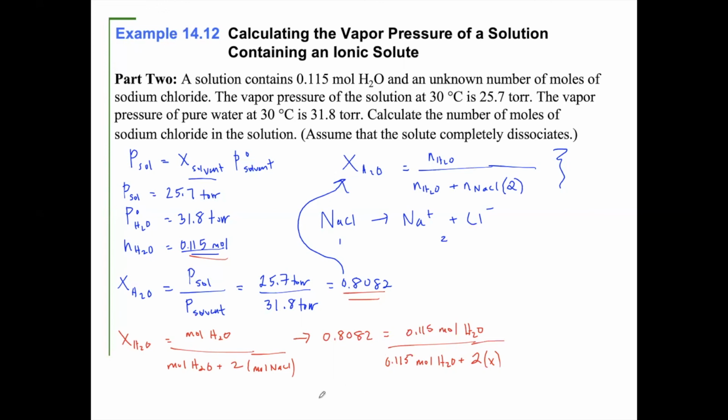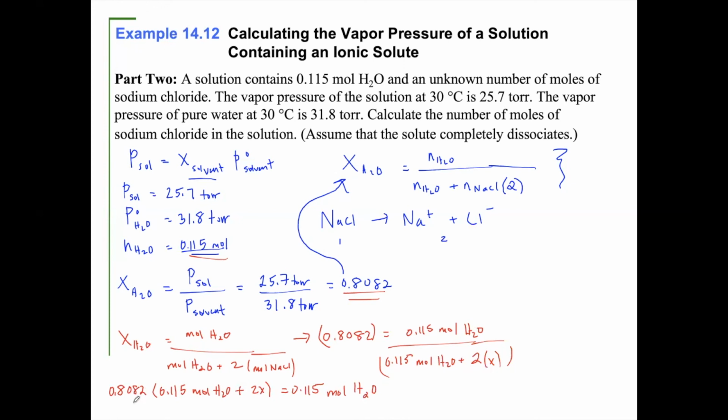So this now becomes an algebra problem, right? So I'm going to multiply both sides by the denominator of this fraction here. So I'm going to end up with, just write it on another line, 0.8082 times (0.115 moles of H2O plus 2x) equals 0.115 moles of H2O.